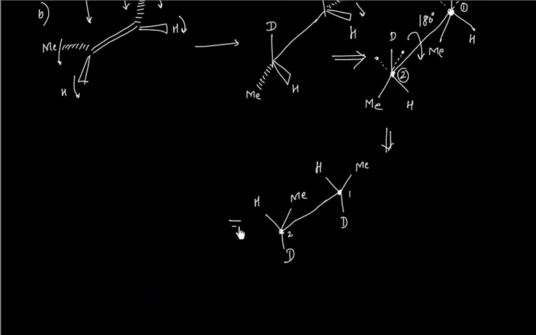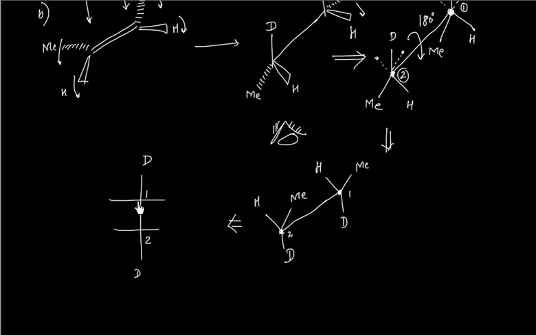Now we can write the Fischer projection formula. This is carbon 1, this is carbon 2. Deuterium is on the vertical line because it is away from the observer, so the observer is somewhere here.